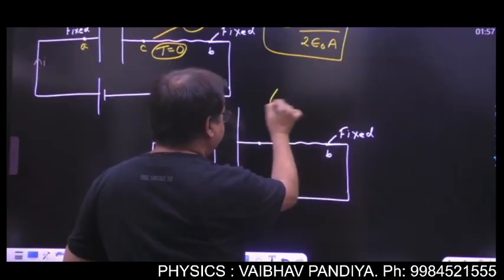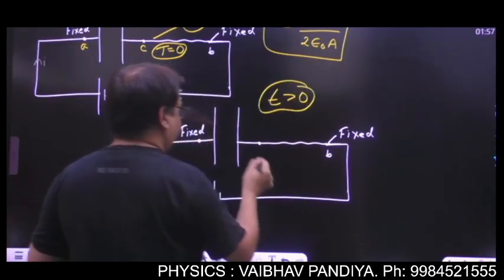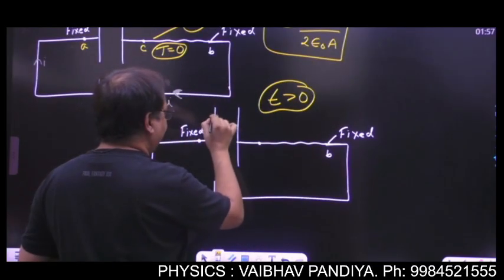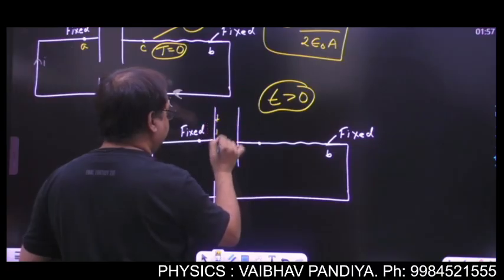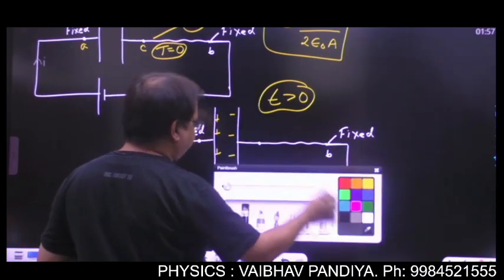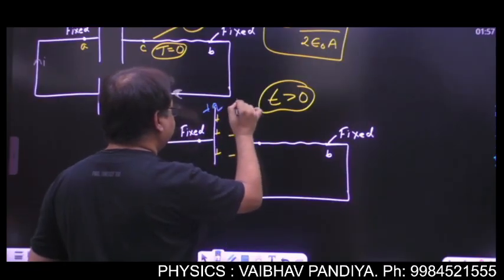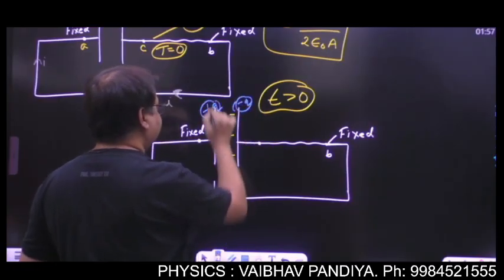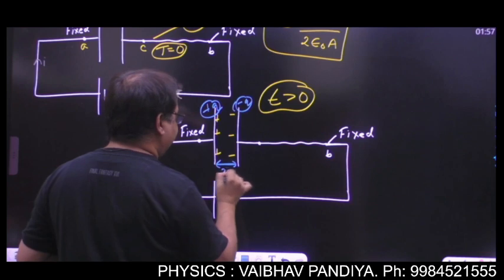Now for any time greater than 0, there will be some charge on the plate, right? The capacitor will be getting charged, and say on the positive plate we have plus Q charge, on the negative plate we have minus Q charge, and the distance between the plates is x.